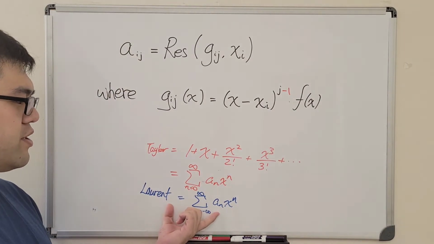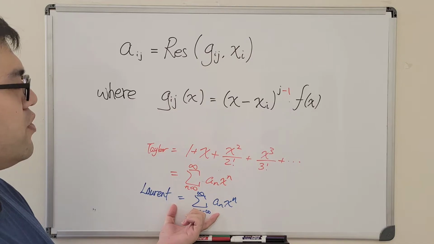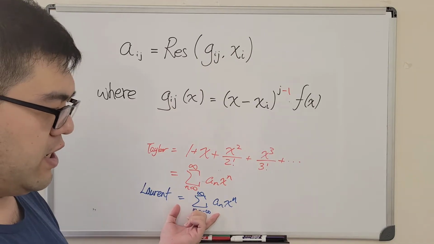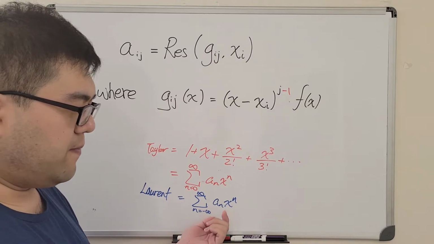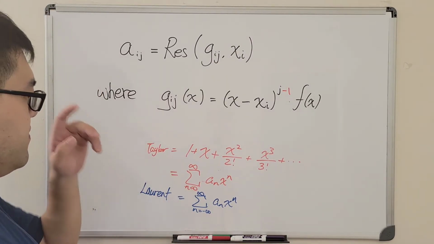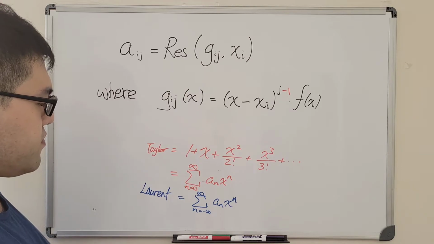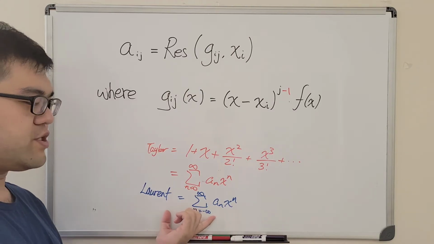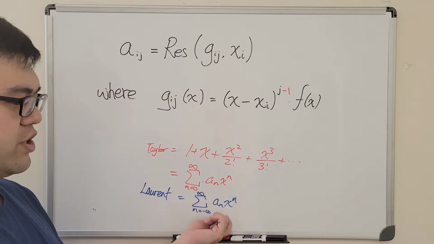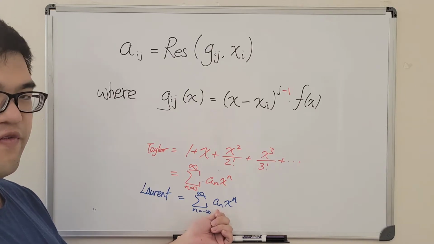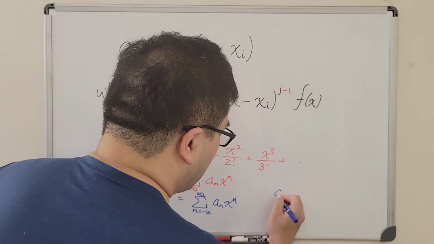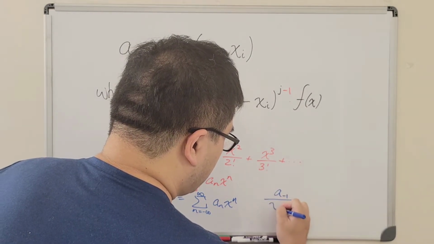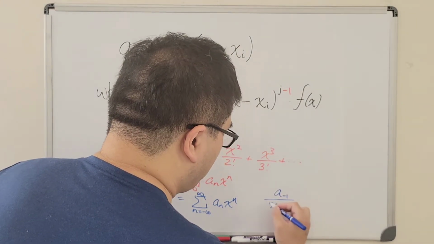Using this expression here, we can find out the a to the negative first term, which is the same as this following form.